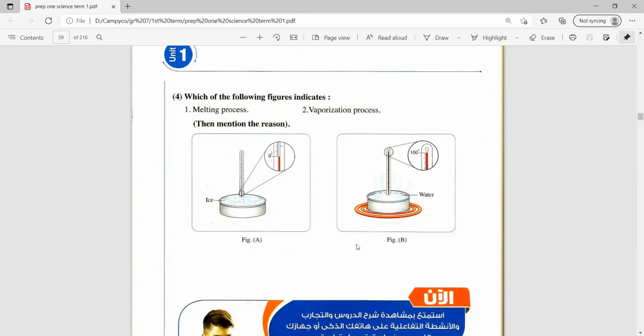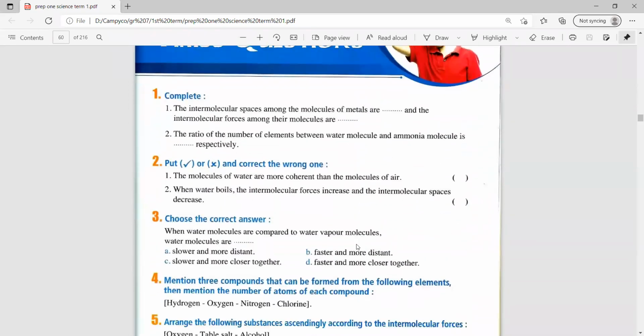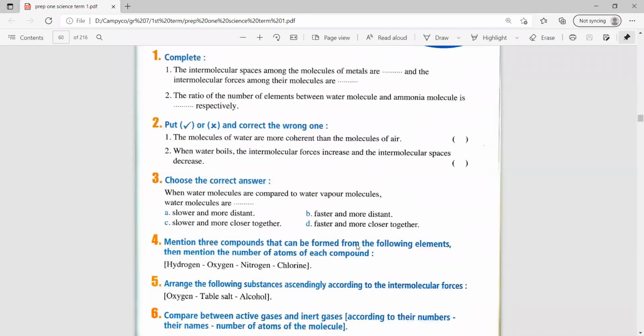Right. Let's do the next questions. The intermolecular spaces among the molecules of metals are narrow, very small, and the intermolecular forces among their molecules are very strong.